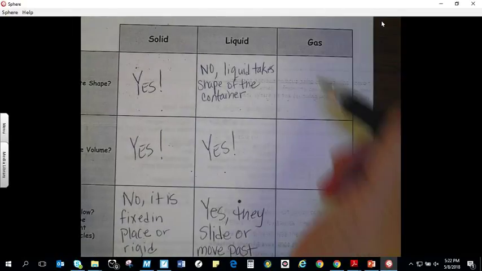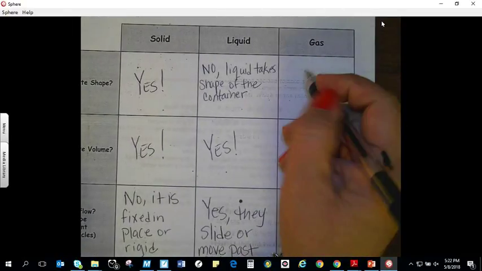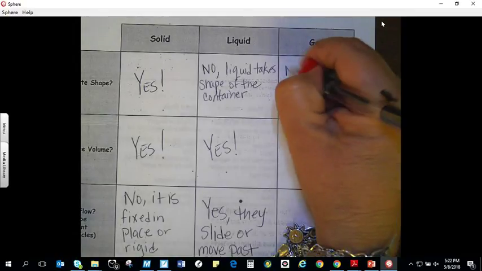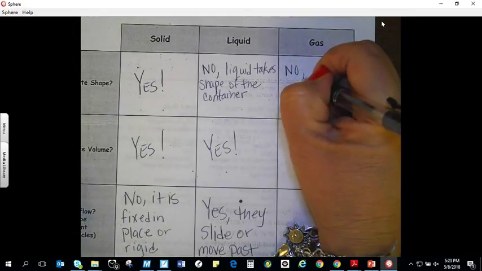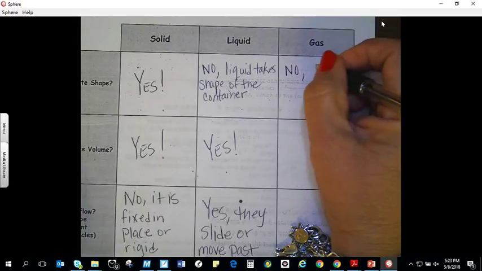Let's look at here. Definite shape, a gas. Nope, a gas does not have a definite shape because it will fill the entire container.